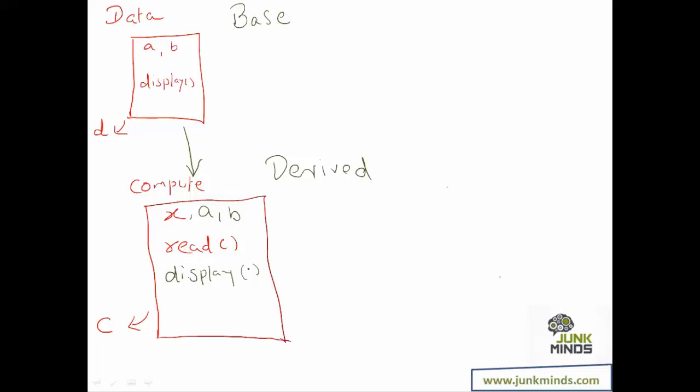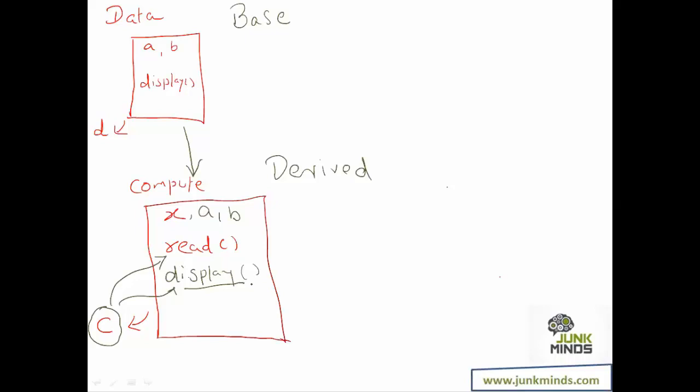So now if you use this compute का object, say C, it can not only access read, it can also access display method. So if you see, C is an object of class compute and it is also accessing the data belonging to the base class data, right? So whenever I have the object of one class inherit the data from some other class, then that is what is called as inheritance. तो inheritance में फायदा क्या है?